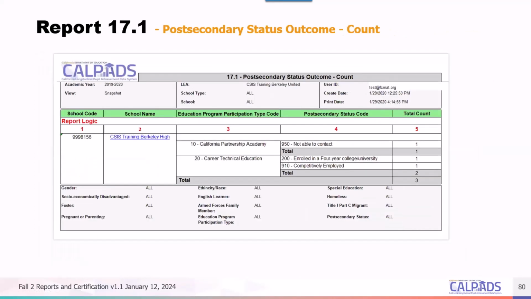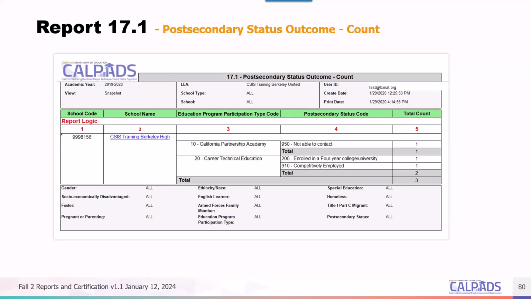Report 17.1, post-secondary status outcome. So this is your report related to the PSTS. Again, just emphasize that the PSTS is for those LEAs that only have grade, or not only have, but have grades 9 through 12.